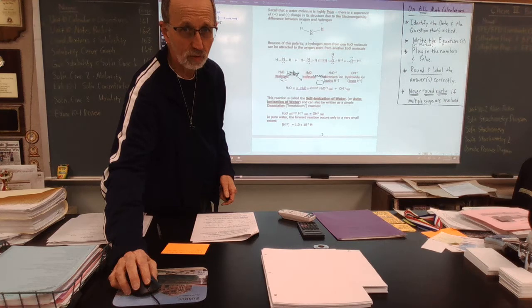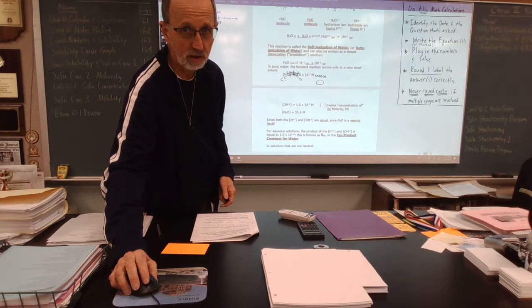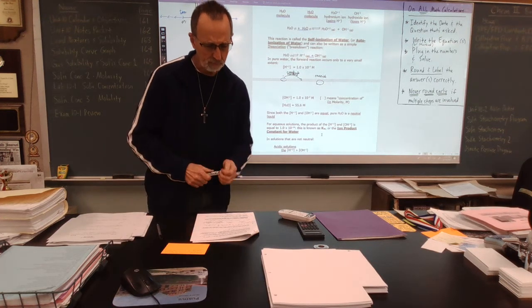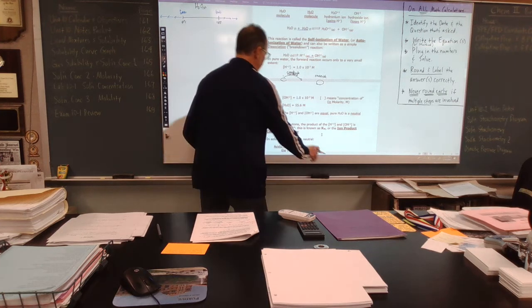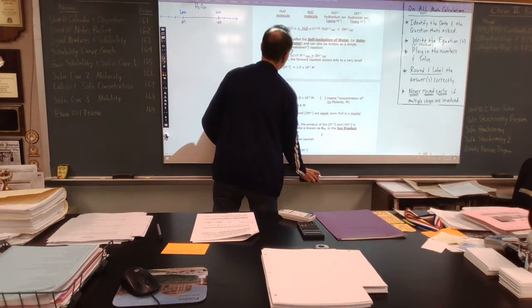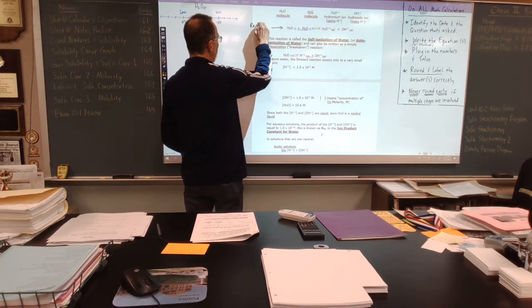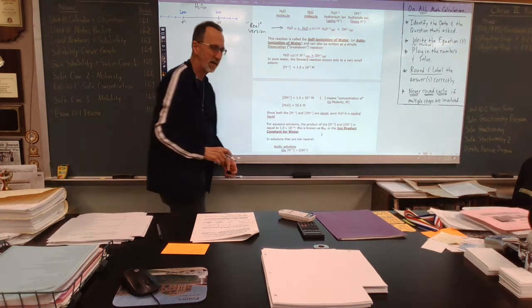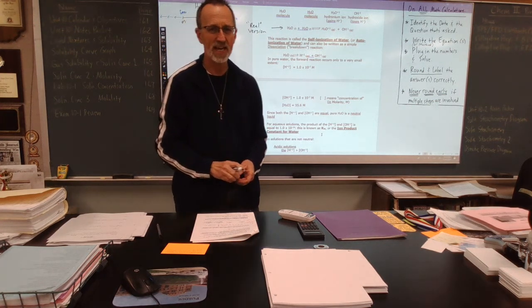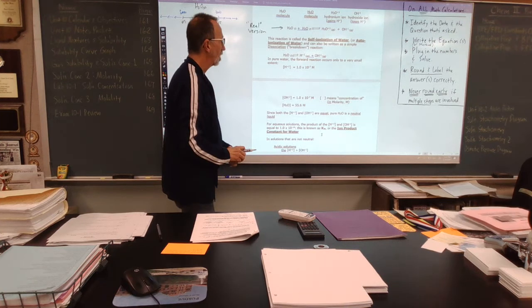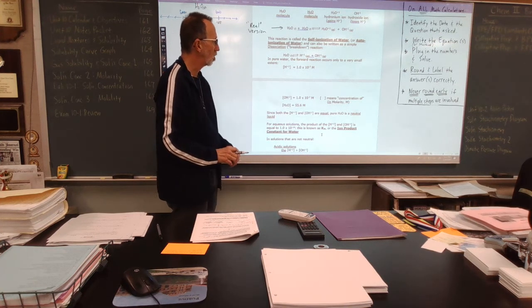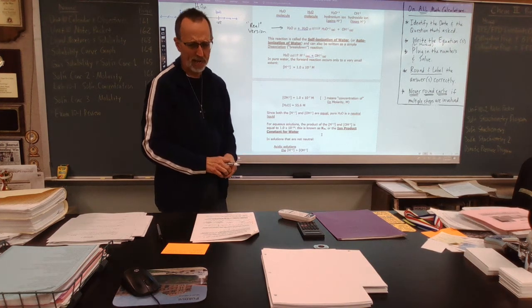Now, before I go too far, I want to say that the reaction we just talked about is the real version of the auto-ionization of water. This is what really happens. However, there is also a shortcut reaction.